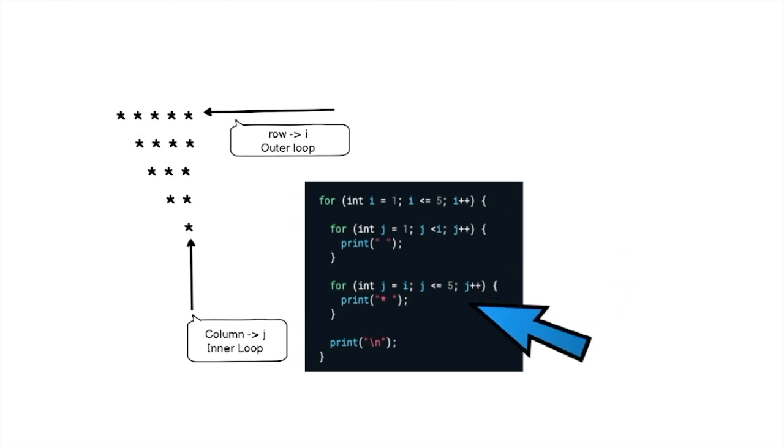It's the reverse. So what we can do is, for integer j equals i, and j goes up to 5 including 5, and j plus plus. So it is similar to this one.